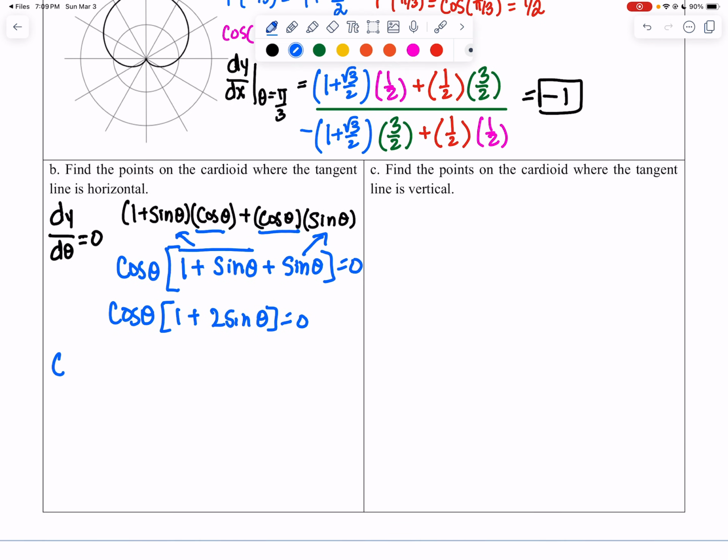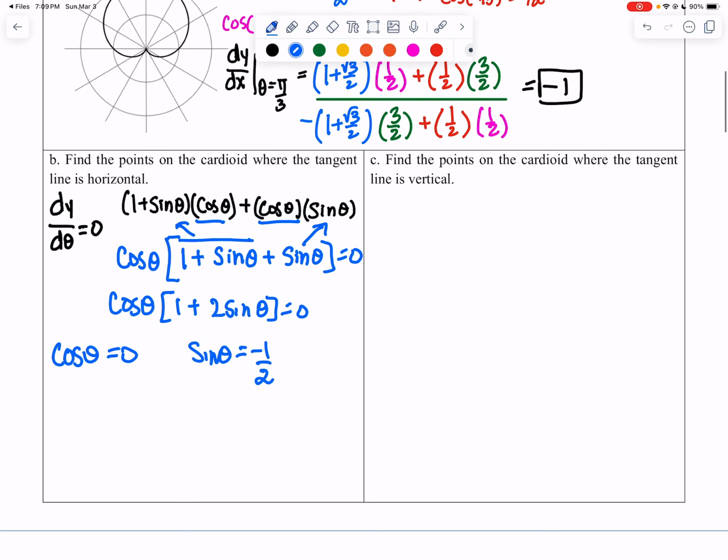So cosine of theta is equal to 0, and sine of theta is equal to -1/2. We know that cosine of theta is equal to 0 whenever theta is pi over 2 and 3 pi over 2. And sine of theta is equal to -1/2 whenever we have 7 pi over 6 and 11 pi over 6.